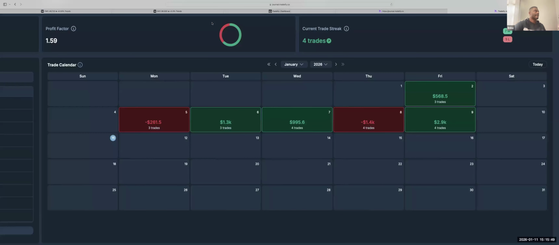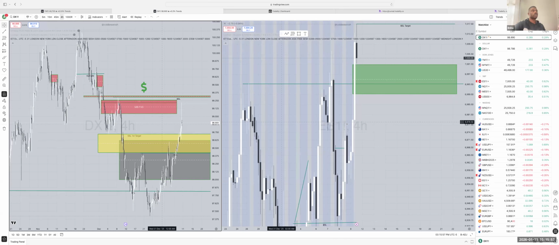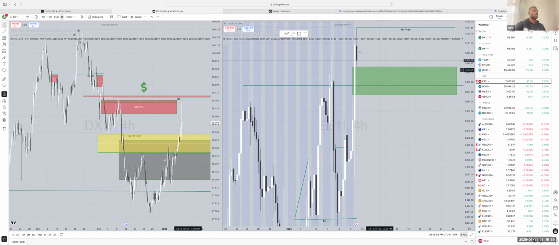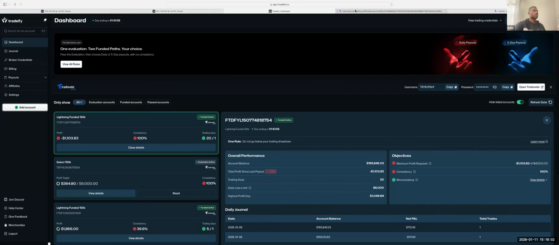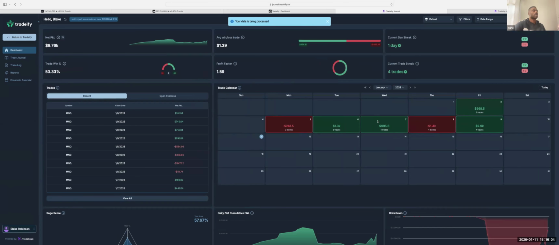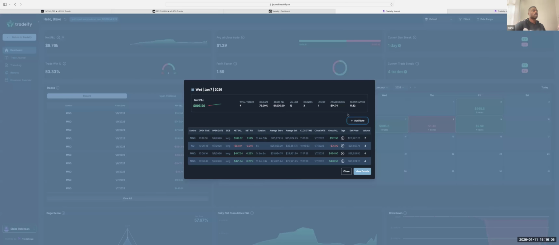So, let me pull up the actual trades though. I took trades on Tuesday, Wednesday, and Thursday. I'm trying to remember what trades they were. So, pull this up here. These were longs on NQ at 10 o'clock.